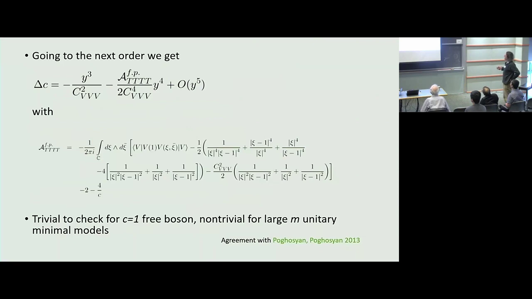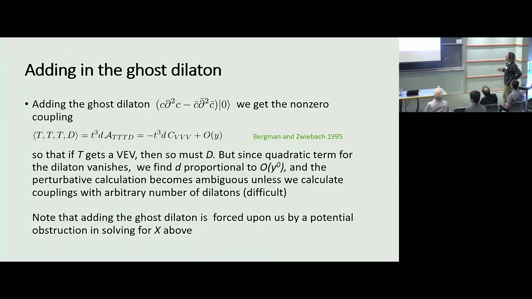And we check this for large unitary minimal models, and it agrees with a relatively recent calculation by Pogosyan and Pogosyan. As was pointed out recently by Shi and company, and also Ashok in the old days, at third order there is an obstruction due to the ghost dilaton.